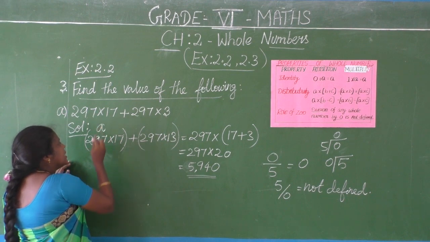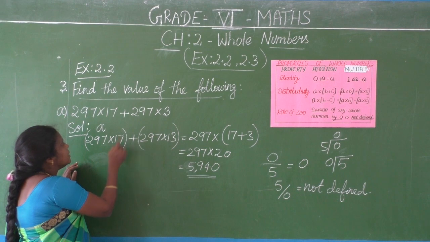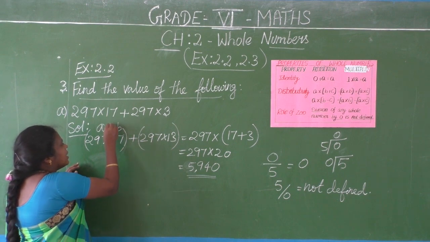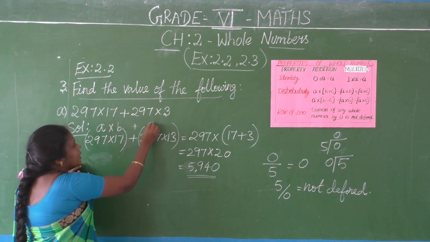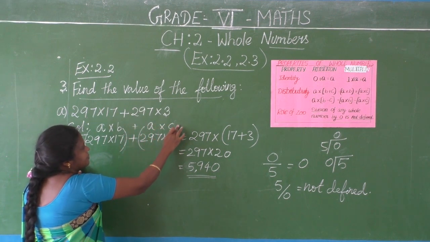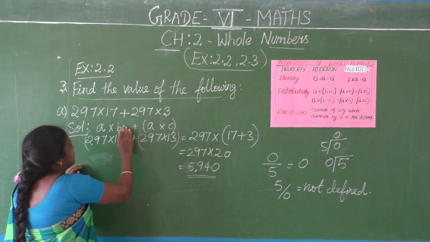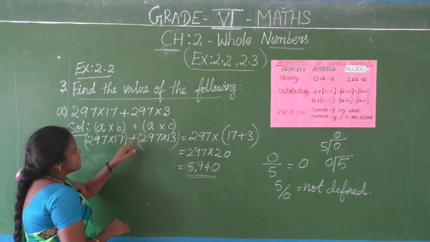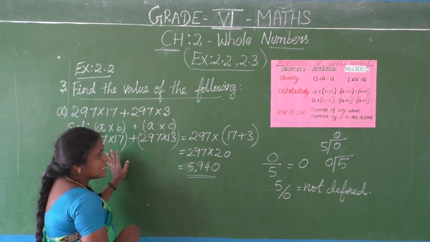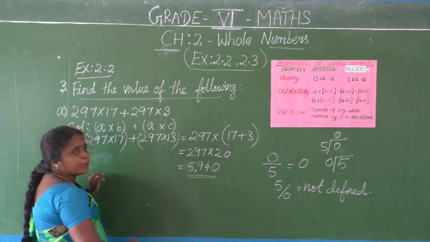So I am taking this number as A. A into B, this is B, A into B plus A into C. Like this. Our question is matching with the right hand side of the distributive property.